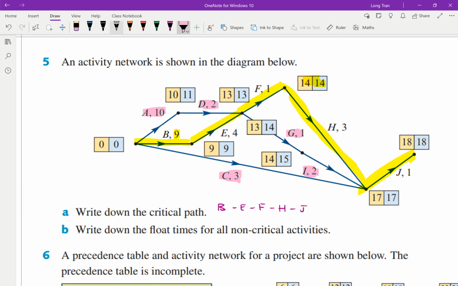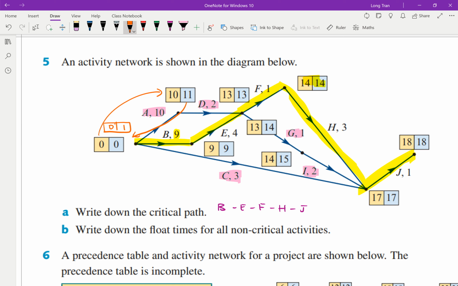So let's calculate this now. We want to find the float times for all non-critical activities. We know that from here to here is a weight of 10. That makes sense. So again, going backwards, 11 minus 10, technically there should be a separate box for A where it starts at 0, and 11 take away 10 gives you 1.